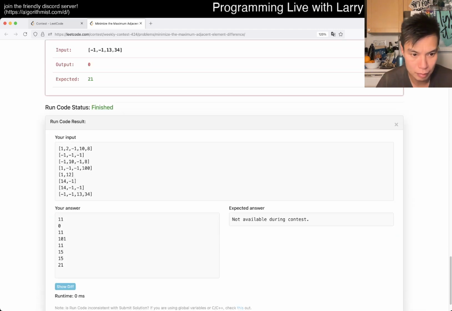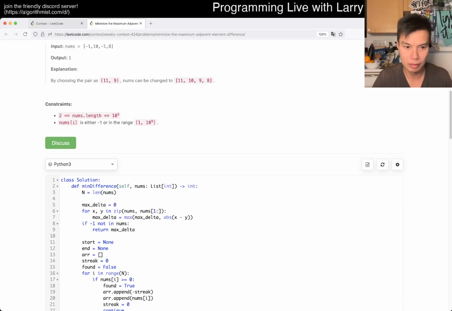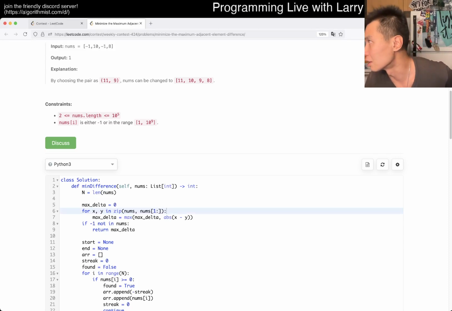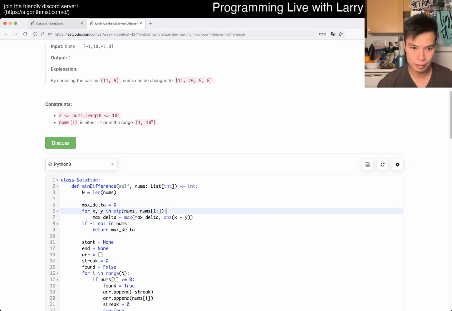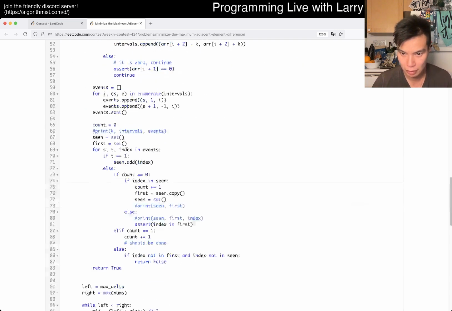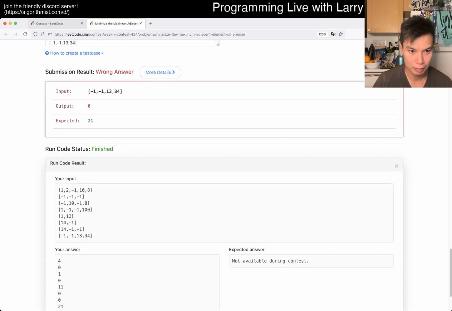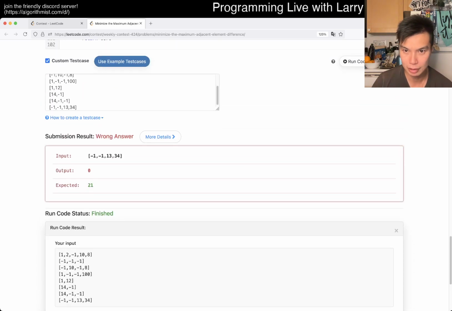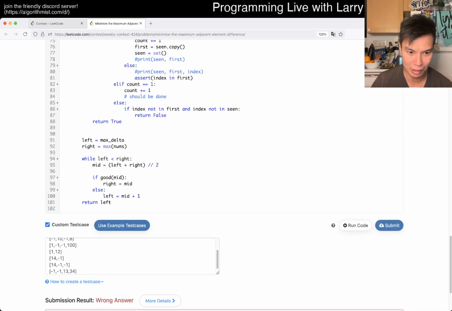Oh, that's not great. Oh, this is just sloppy. If x is and y is, okay. Okay, very silly mistake on that one actually.